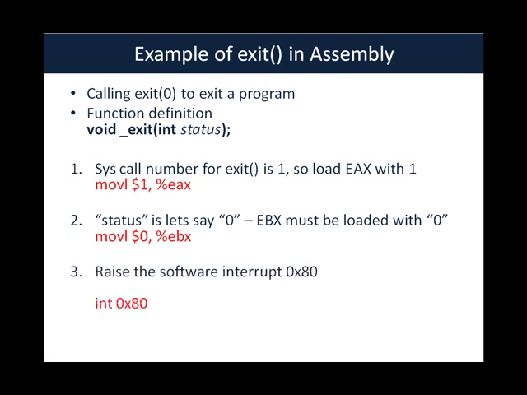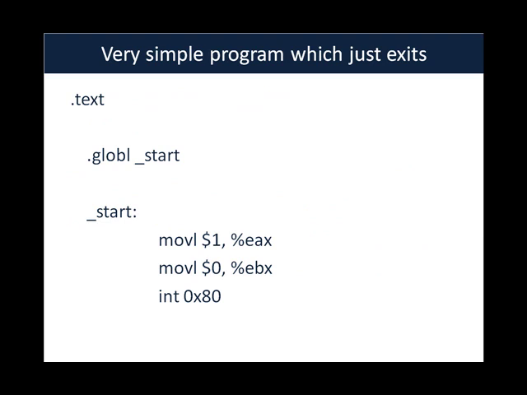Now the third step is calling the syscall itself, and that is done by raising the interrupt 0x80. So, very simple steps of how to invoke the exit system call in assembly. Now, how would a very simple program with just exit look like?